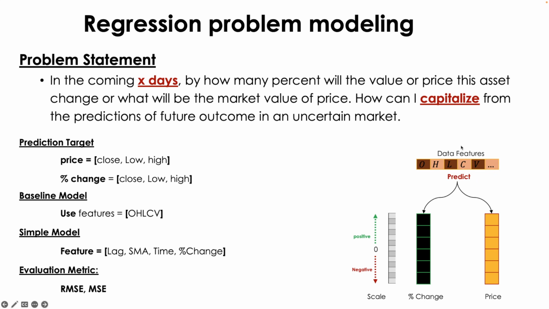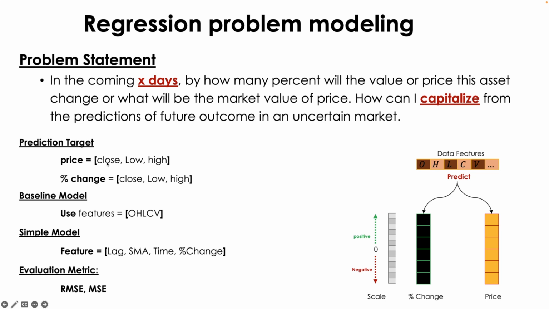Then we want to use these features to predict the percentage change of an asset in the coming X days, or we can predict the price directly. It could go negative or positive. This is what we want to do. Also, we can predict the close price, the low price, or the high price.